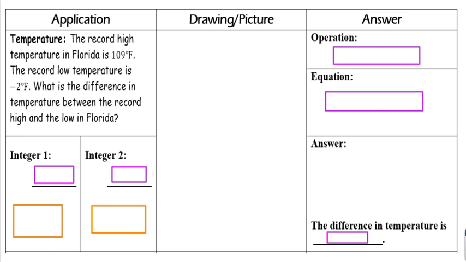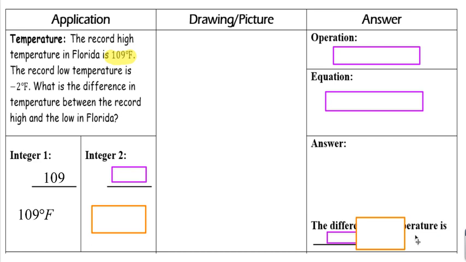So the first thing we need to do is identify the integers. We know that the first integer should be 109 because it gives you that the temperature is 109 degrees Fahrenheit.